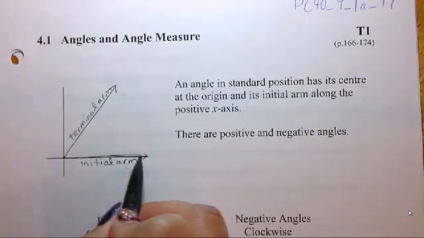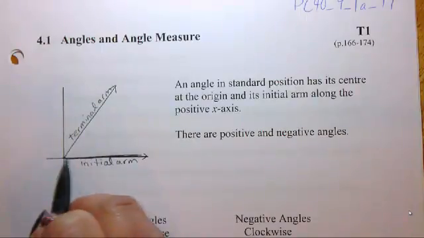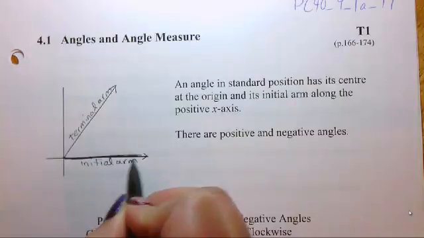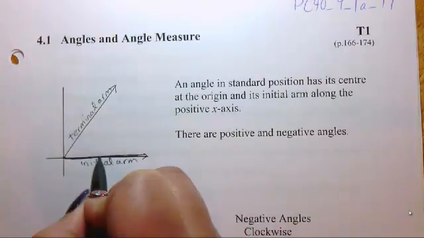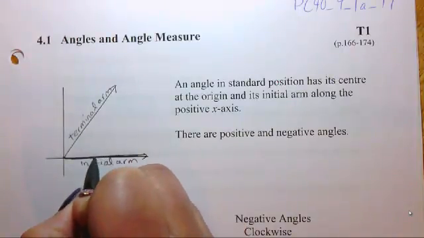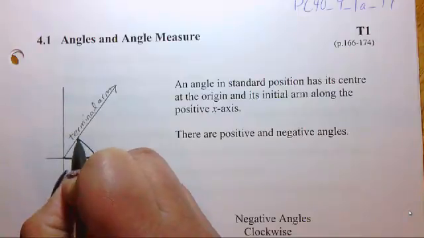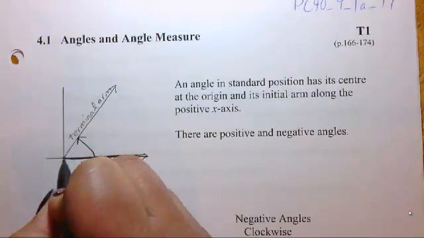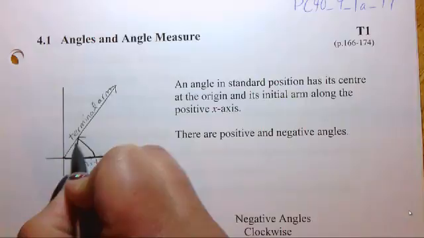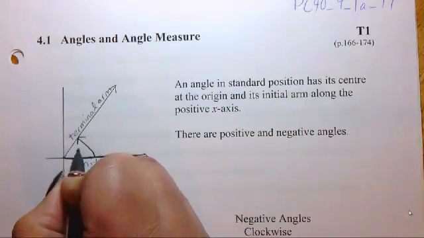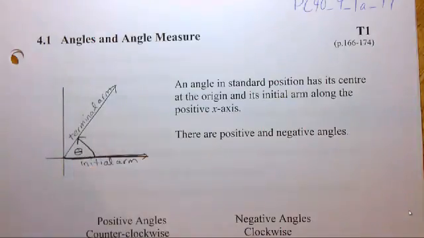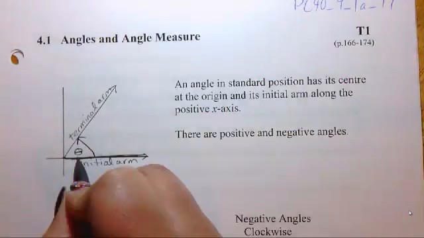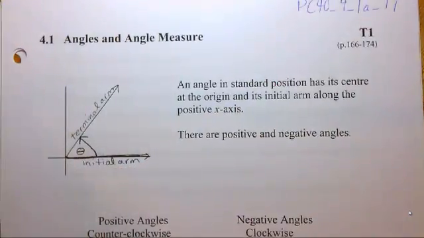It's sitting right on the axis, so you really can't see it unless we make the line thick. Now, our angle starts here, and then it goes up all the way to the terminal arm. The terminal arm is where our angle terminates or ends. And then this is our theta. So that's our angle measure, theta, that's right there.